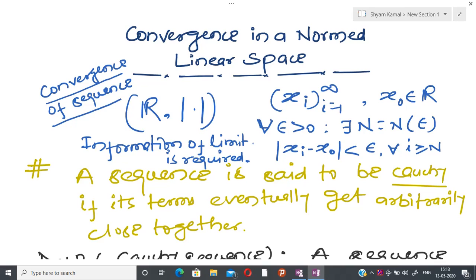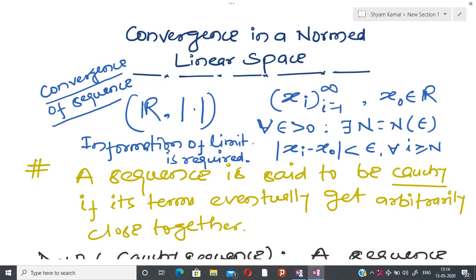The next definition comes into the picture in order to relax the above assumption of the limit. In that definition, we talk about two terms of the sequence, and we assume that the two terms eventually get arbitrarily close together.